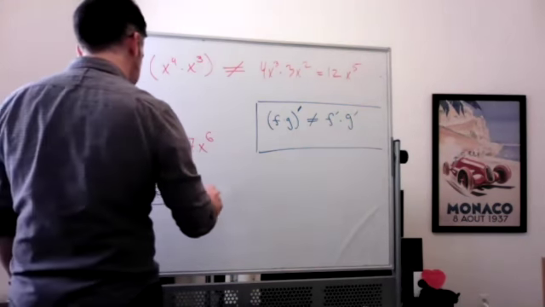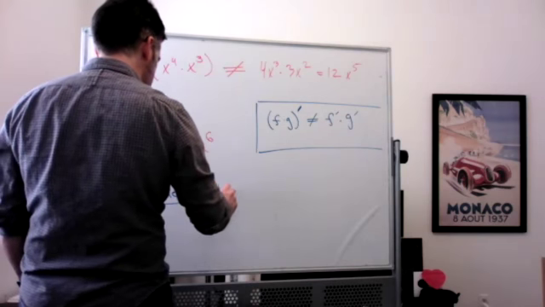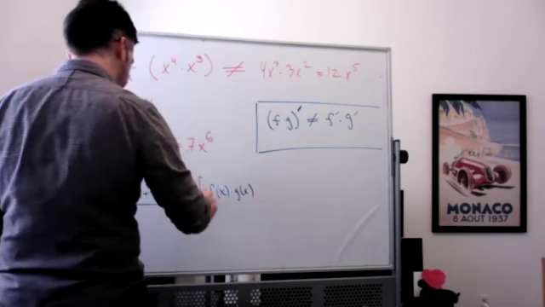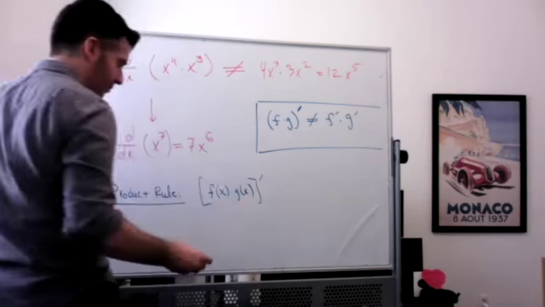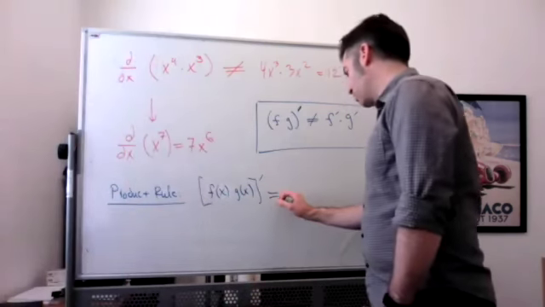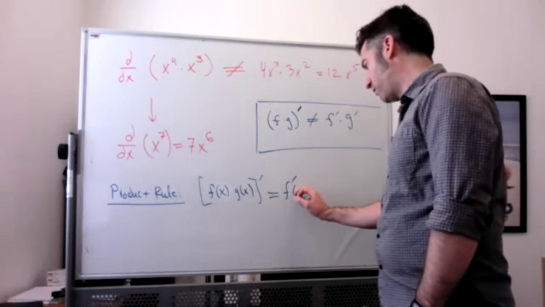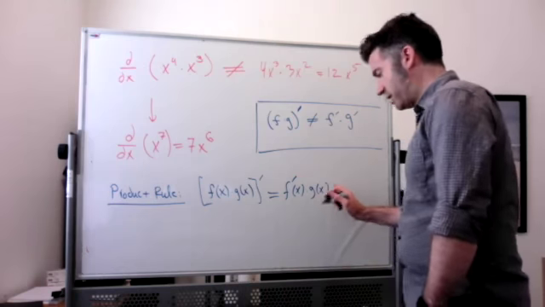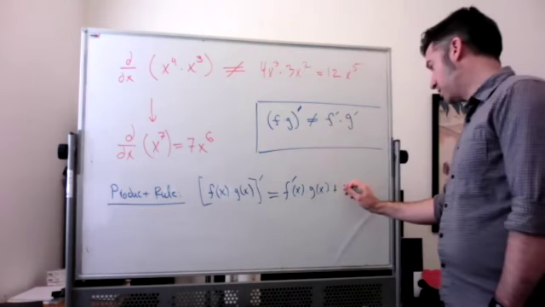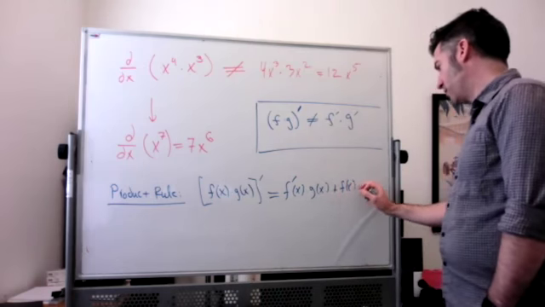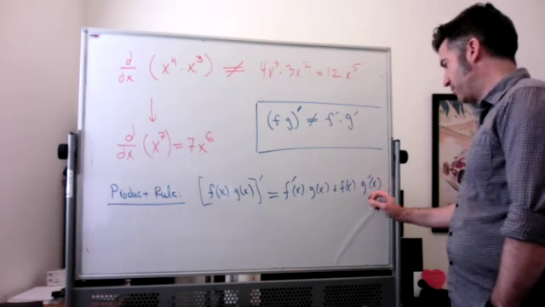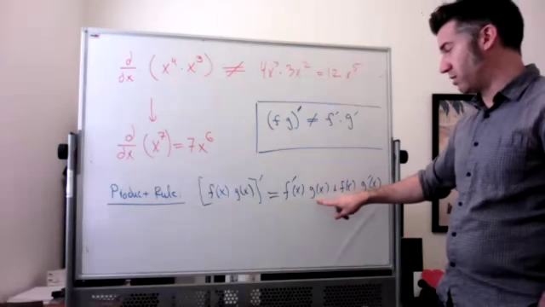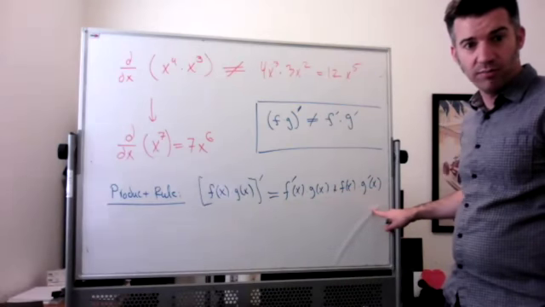If you take the derivative of f of x times g of x, it's equal to the derivative of the first one times the not derivative of the second one, plus, then you switch it, the not derivative of the first one times the derivative of the second one. So whenever you're taking the derivative of a product, it's always one derivative times one not derivative in every way possible, added together.